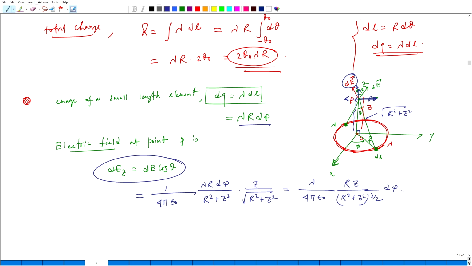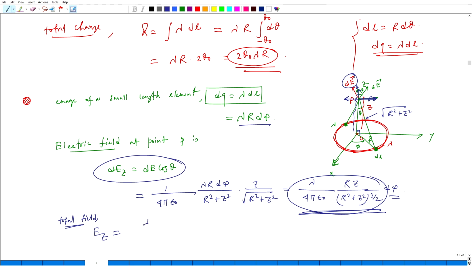Since the result does not depend on phi, integrating over the entire ring, the d phi integral gives a 2 pi, right. So the total field at point P, meaning the field due to the entire ring, we just integrate over d phi, because the cofactor of d phi does not depend on phi. So this d phi integral gives 2 pi, as phi runs from 0 to 2 pi.